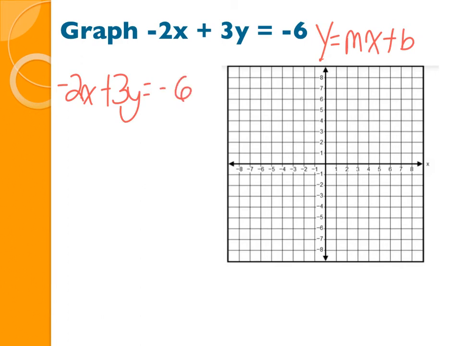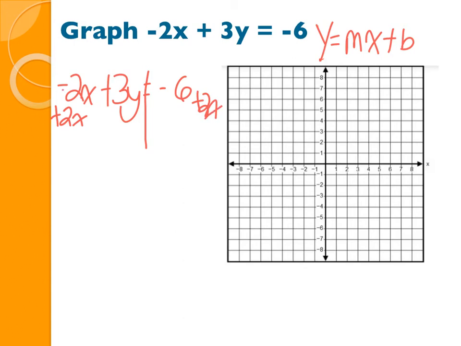When we're going from standard form to slope form, you want to make sure that you keep the coefficient and your x together. They are a pair. So wherever one goes, the other one goes. So if it's a negative 2x and I want to move it to the right-hand side, I'm going to do positive 2x on both sides.